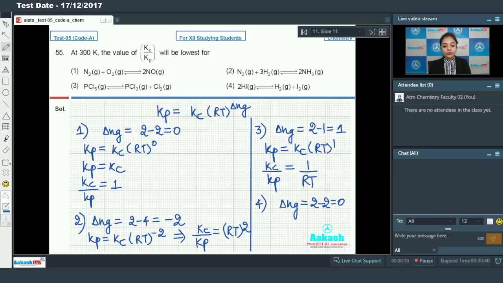So this is similar to the first case. So Kc by Kp is equal to 1. Now you have to find out where the value of Kc by Kp will be lowest. As you can see here, the value of Kc by Kp is lowest for the third case because the temperature is 300 Kelvin and the value of the gas constant is 0.0821 liter atmosphere per mole per Kelvin. So option number 3 will be our correct answer.